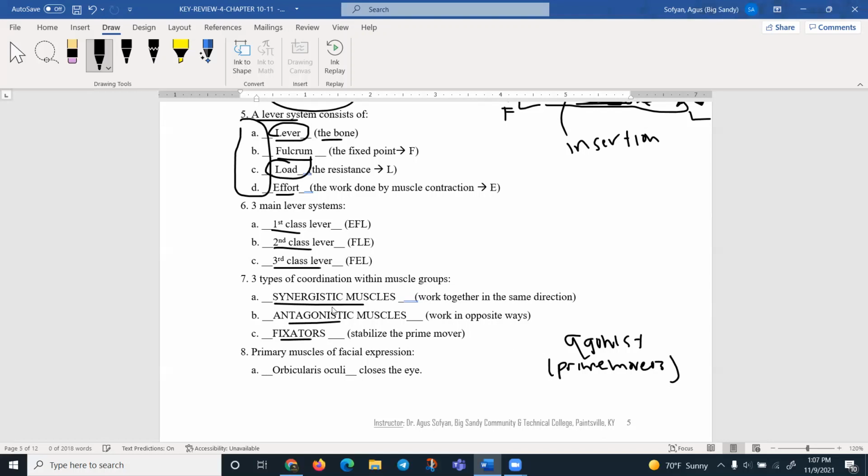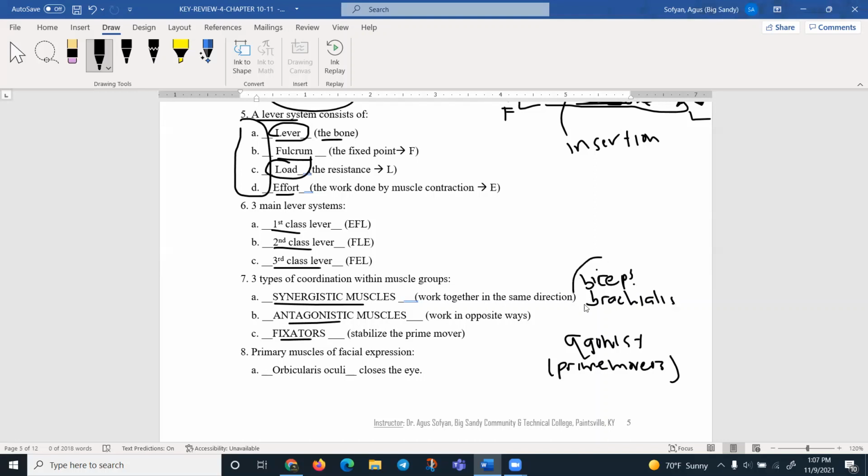Okay, now synergistic muscle, for example, between the bicep and brachialis, that's a synergistic muscle because these two muscles will move our elbow up, flex our elbow.